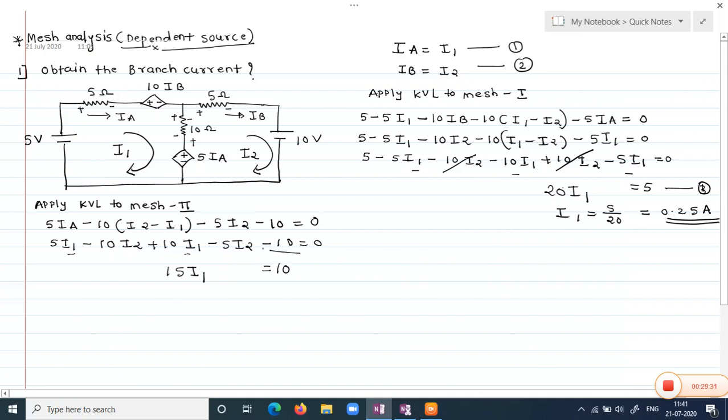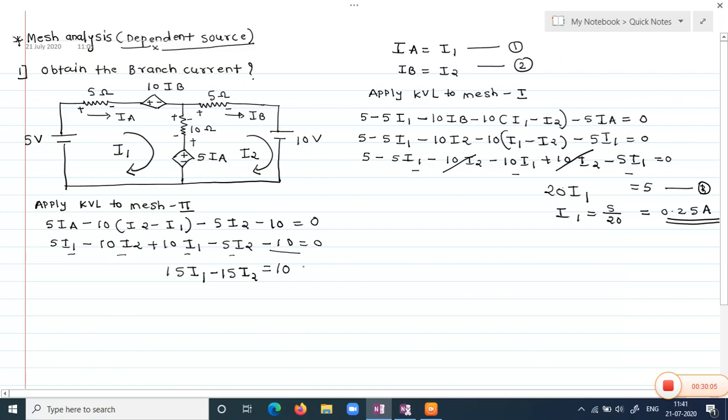Because we have considered minus 10 as a plus 10. Okay. So now we will see what is I2. I2 is what? Minus 10 I2 and minus 5 I2. Then you will get minus 15 I2.